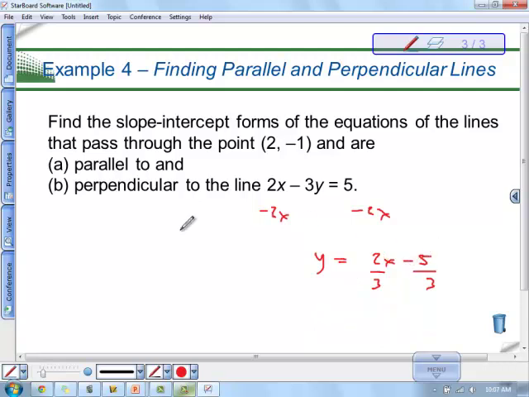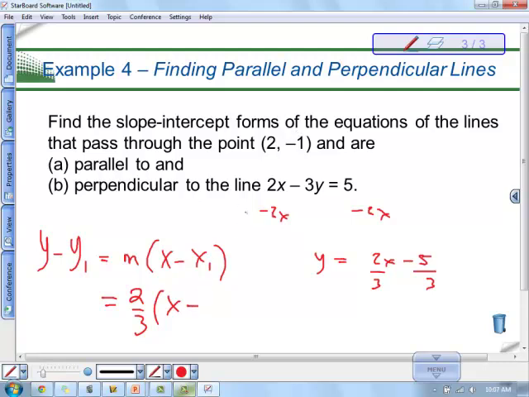So I know if I want a parallel line, I'm going to write this equation in point-slope form, and then I'll move it to slope-intercept. There's different ways to do this, but this is probably the easiest. The slope I want is 2/3, and the point I want to go through is 2, negative 1, so it's x minus 2 for x1, and y minus negative 1 for y1.